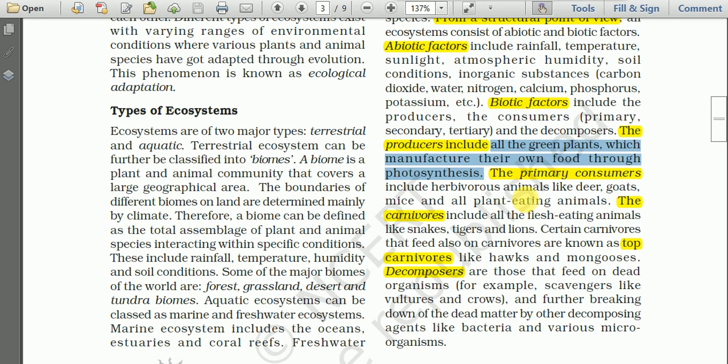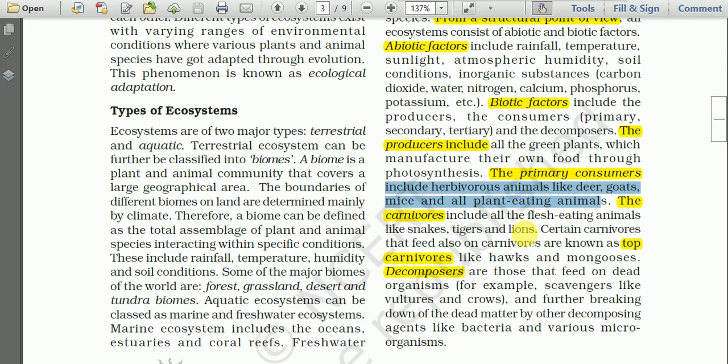And primary consumers include herbivorous animals like deer, goats, mice, and all plant-eating animals. I think up to here you may be clear. So primary consumers include herbivorous animals, that is animals feeding on grasses like deer, goats, mice, and all other plant-eating animals.